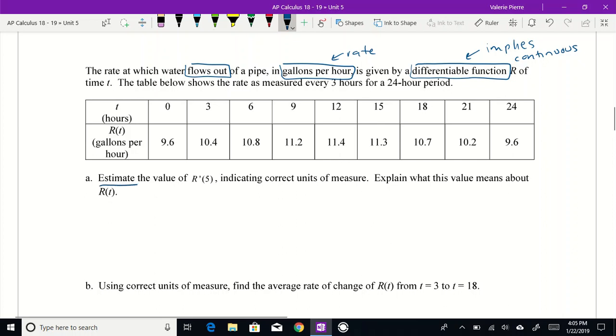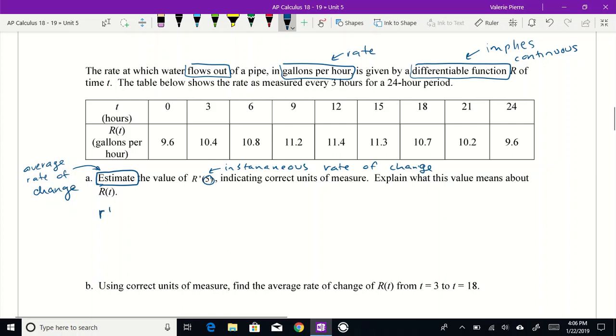So if we're estimating the value, normally this would be an instantaneous rate of change. However, because we don't have an equation and we're estimating, we're actually going to use average rate of change for the value right below and right above 5.